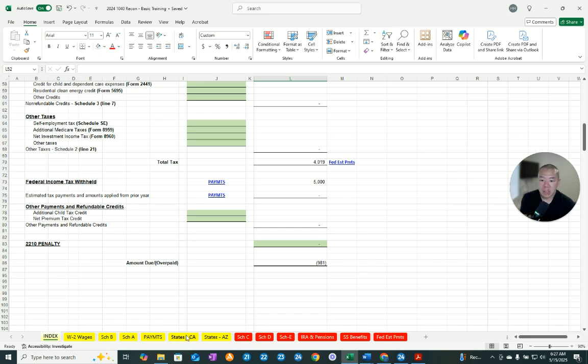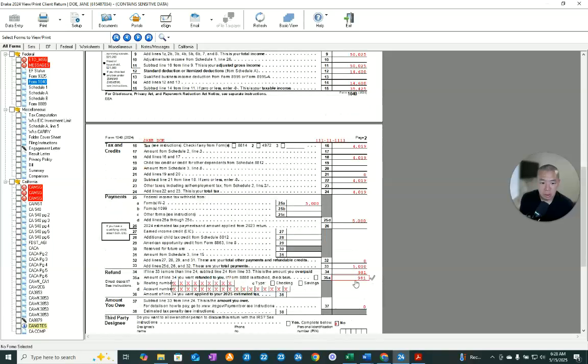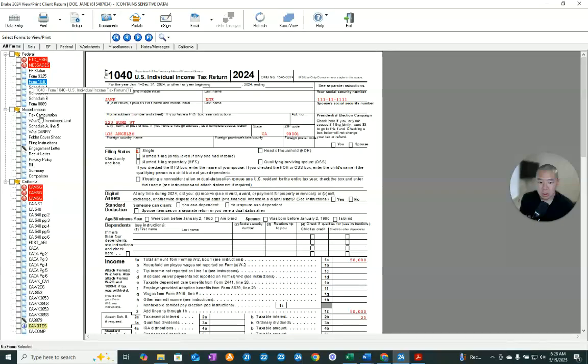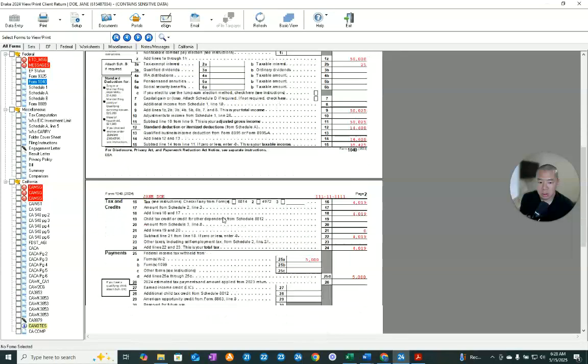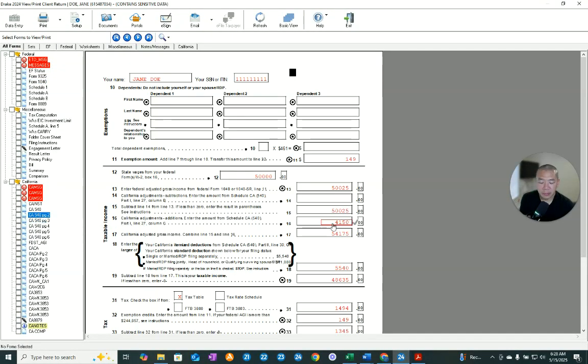This is for federal. And if we go to California, $50,000. California standard deduction for a single person is $5,540. And the tax, I've got to pull it from the software. So 981, which agrees with our 1040 reconciliation for federal. For California, $50,025.